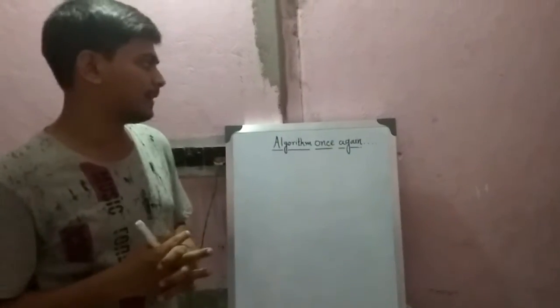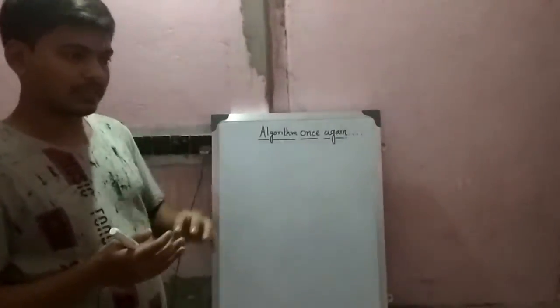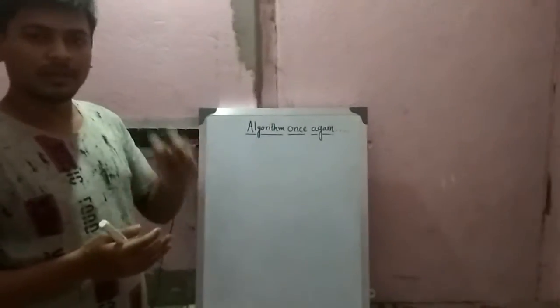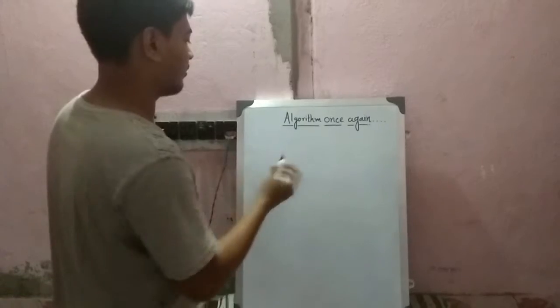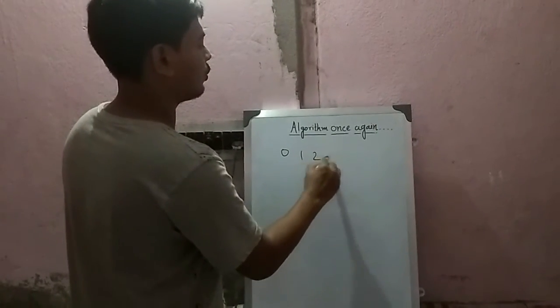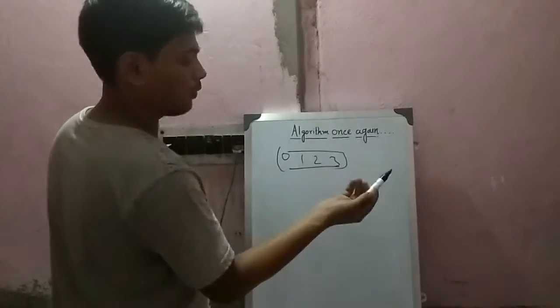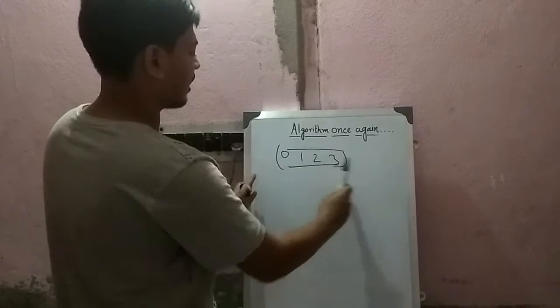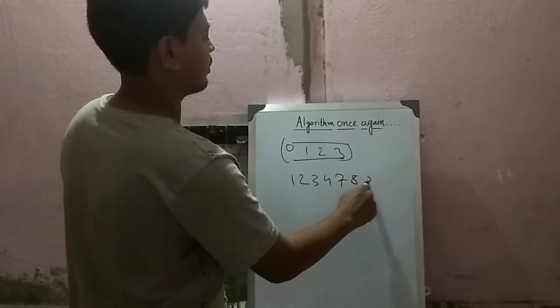So I think it is necessary to learn the basic stuff of algorithm in a brief manner, because in mathematics, when we learn at a very child level or beginner level, we first learn the digits 0, 1, 2, 3, and by learning these digits we are able to make large digits.